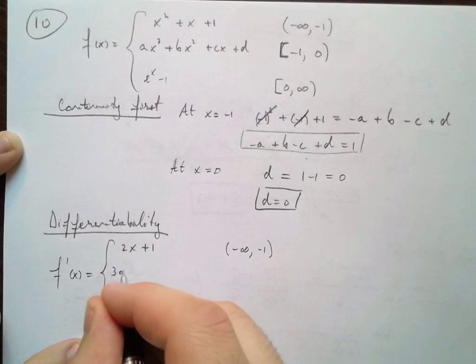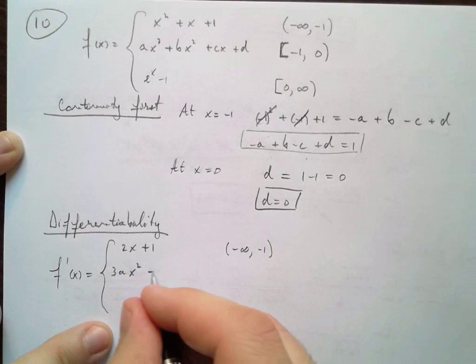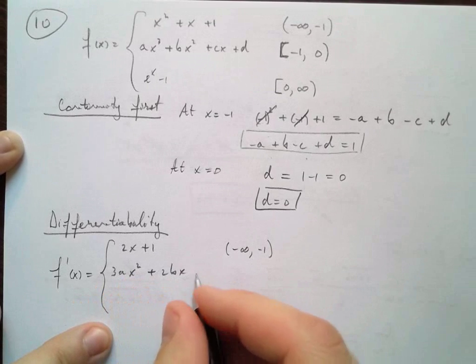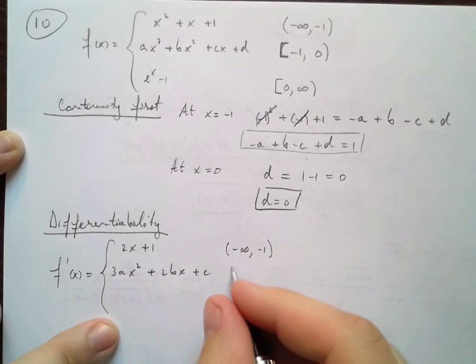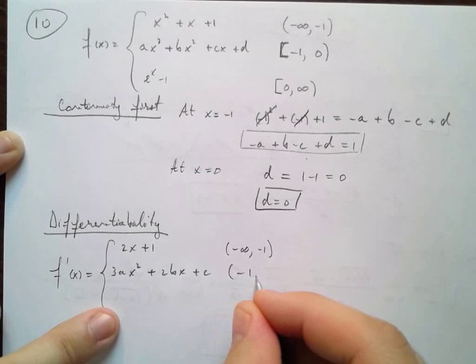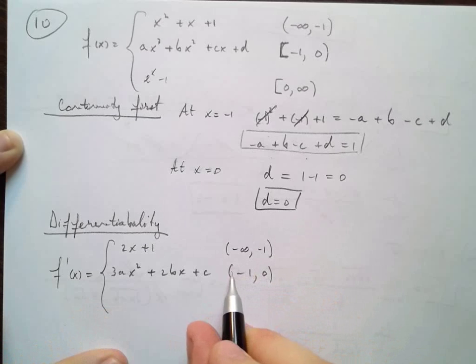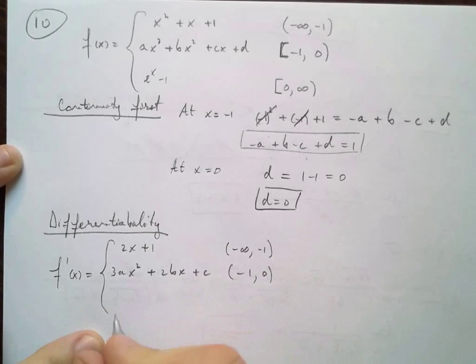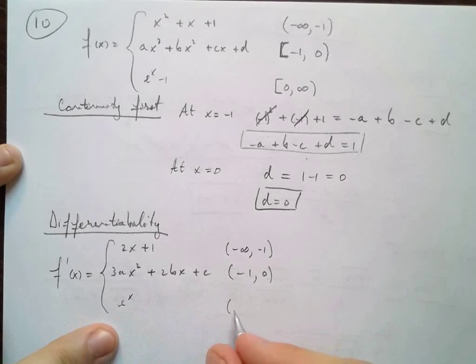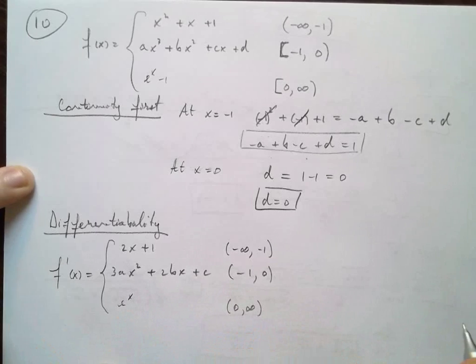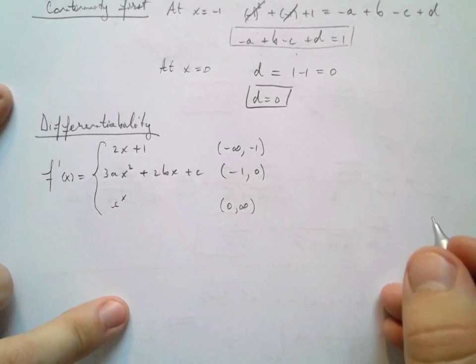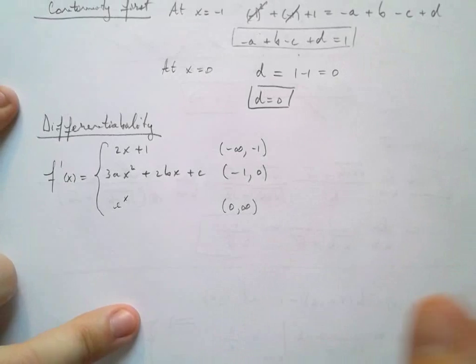Then I have 3ax squared plus 2bx plus c for the middle part, and that's from minus 1 to 0. Again, I make it an open interval because I haven't established differentiability at the point minus 1 yet. And last one is just e to the x on the interval from 0 to infinity, right? So that's the piecewise derivative of my original function.